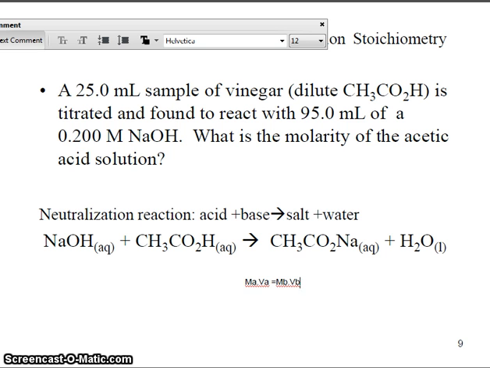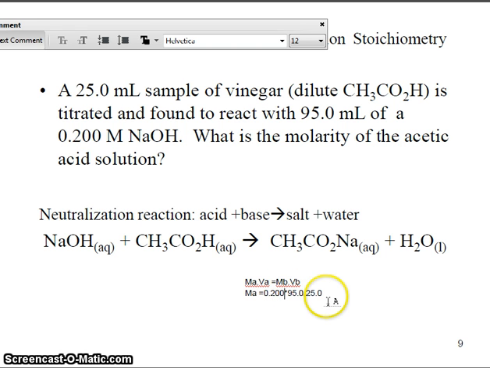Now the base here is sodium hydroxide, so the numbers there are going to be 95 milliliters volume VB and MB is 0.2. So let's plug in the numbers. MA is what I'm seeking, and I can say that 0.2 times 95 divided by 25, and let's write these as the correct significant figures so that we know what numbers we are dealing with.